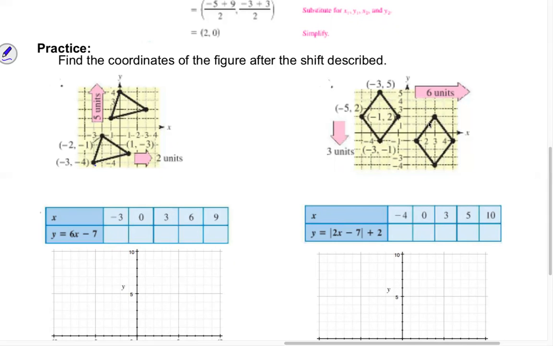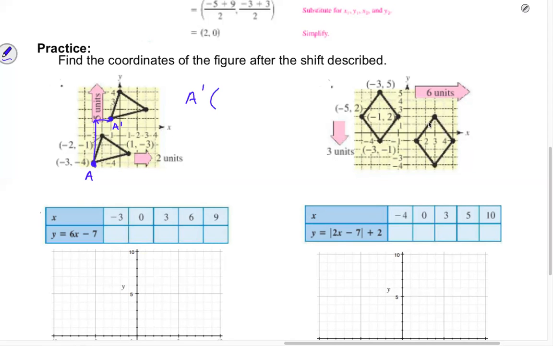You take this point right here. I'm going to call it A. So this point is A. And the shift is telling me go up 5 units: 1, 2, 3, 4, 5. And to the right 2 units: 1, 2. This is my new coordinate, and they call it A prime.